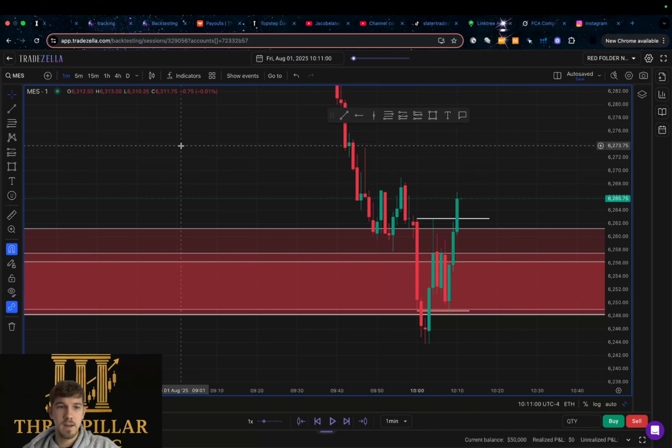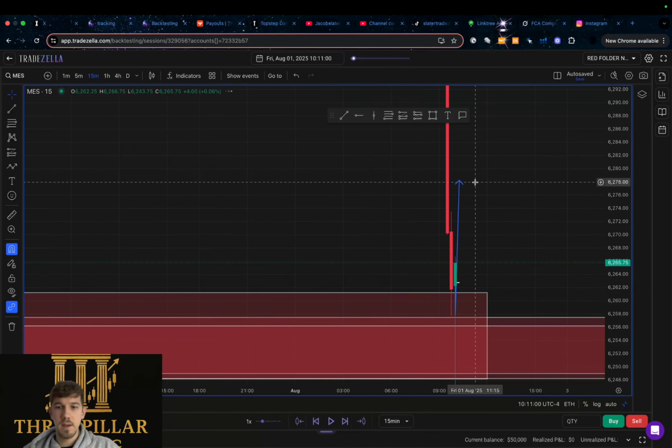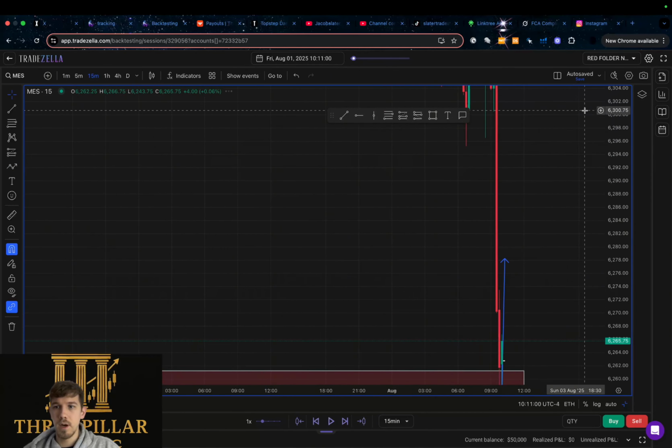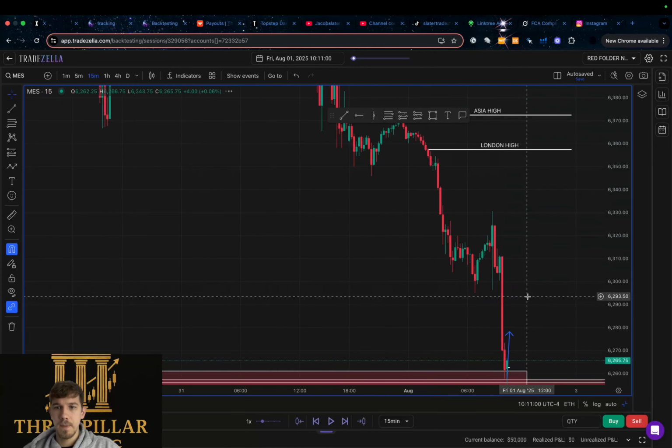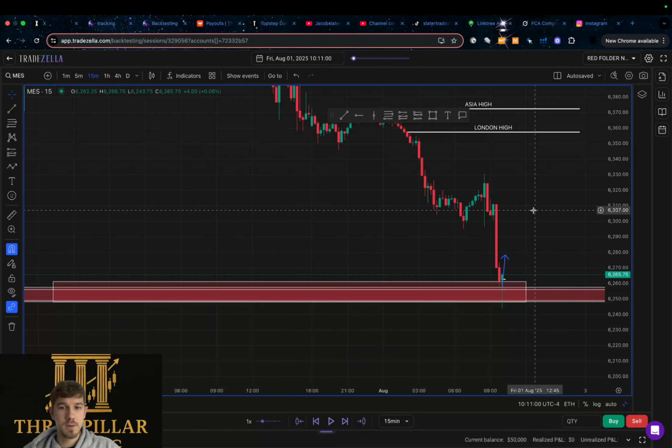So if price then decided to come back to this fair value gap, we could get an entry off the fair value gap to go long, because above on the 15 minute and the 1 hour we've still got London and Asia highs resting above. I mean, they're miles away, but this is a potential target to go towards.